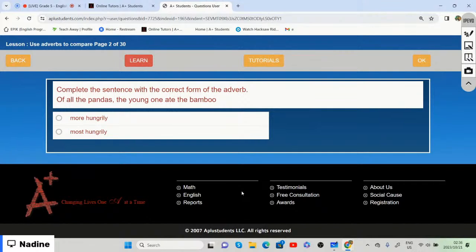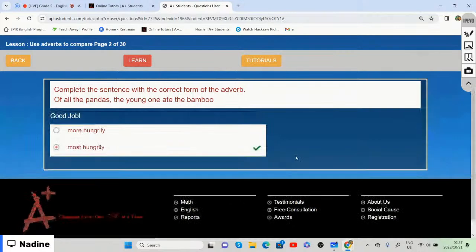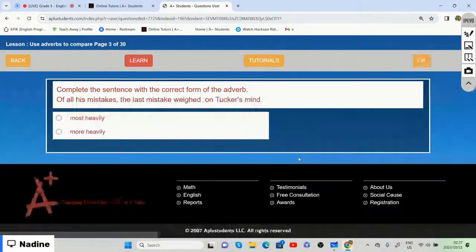Because it says, of all the pandas, the young one ate the bamboo more hungrily or most hungrily. All right, let's choose number two then, most hungrily. Well done. And most hungrily is correct, right? Most hungrily.